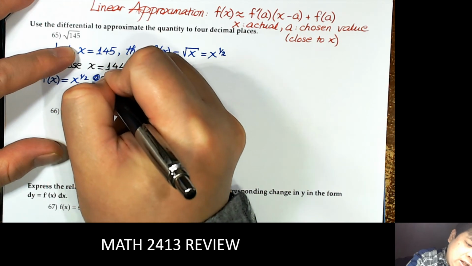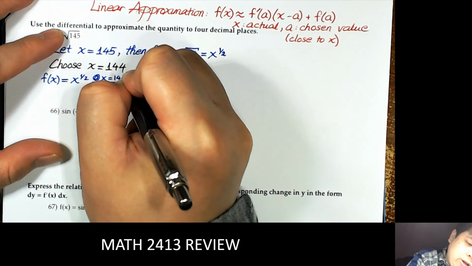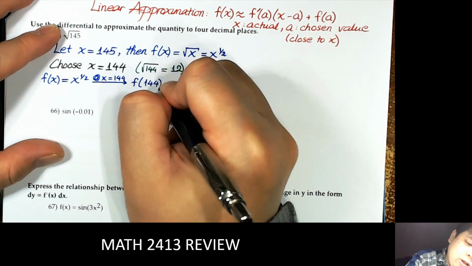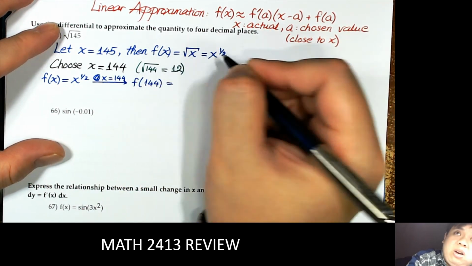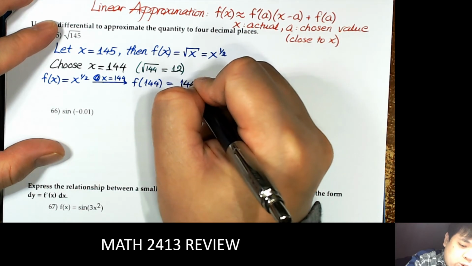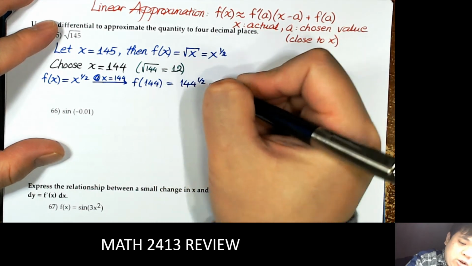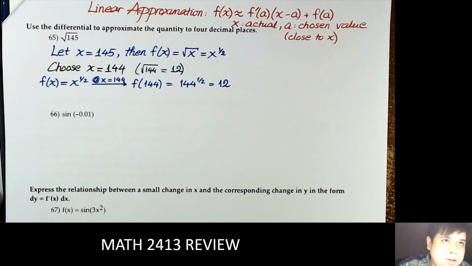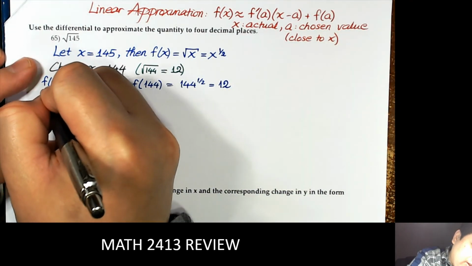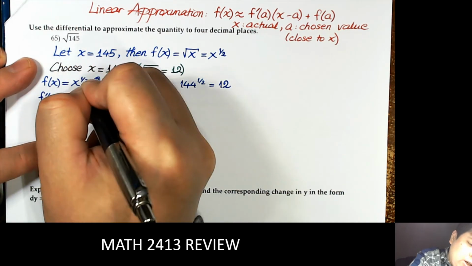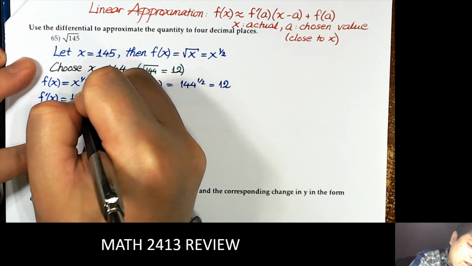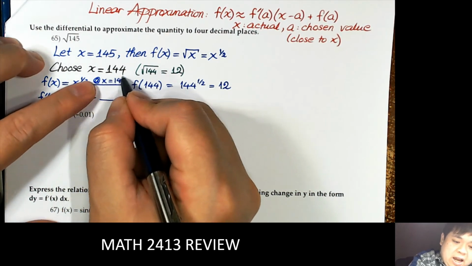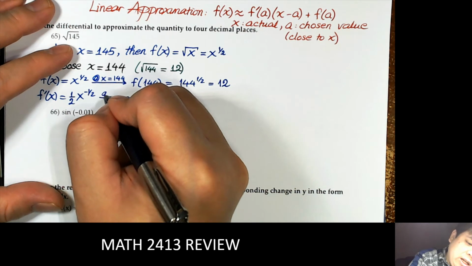So at x equal to 144, f of 144, we can use either one of them. 144 to the 1/2, the square root of 144, is 12. Then we'll take the derivative, which will be 1/2 x to negative 1/2. We will evaluate at the nice even number here.